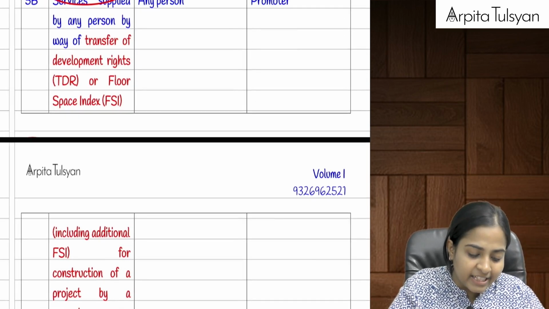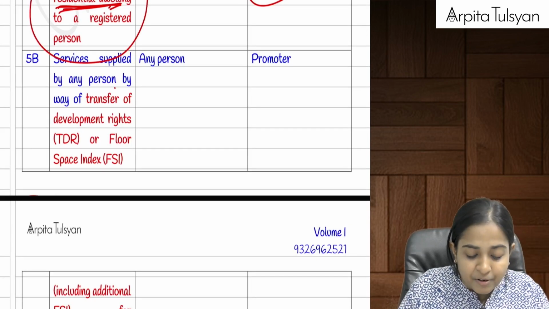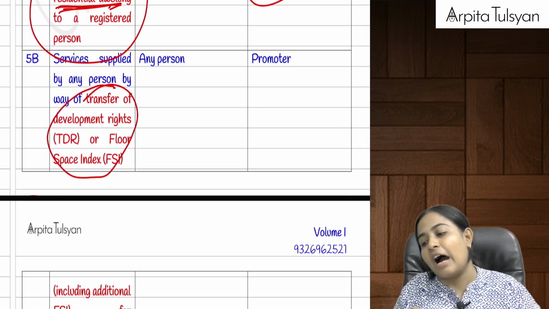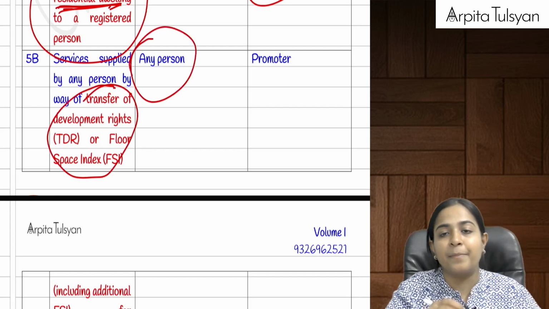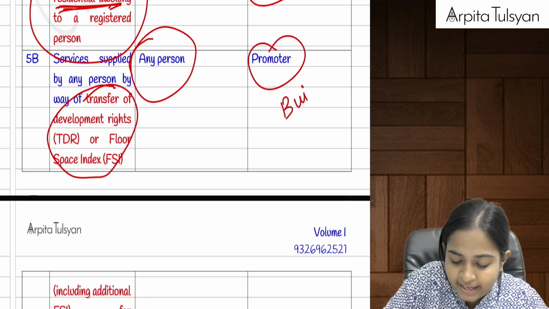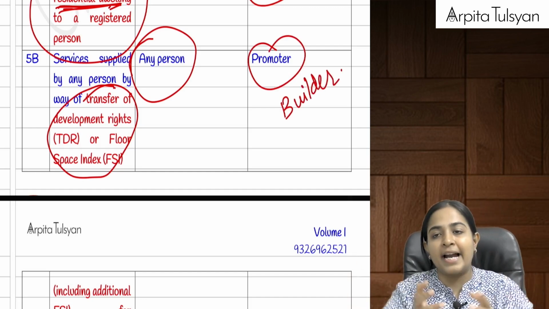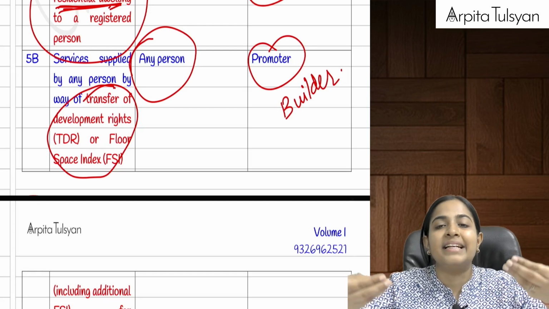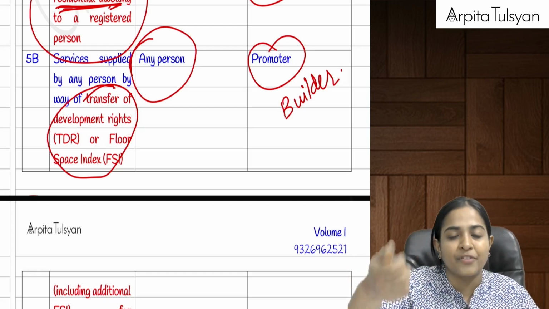Okay, then the next one is services supplied by any person by way of transfer of TDR. TDR stands for transferable development right. That is, if any particular person is transferring the development rights to a promoter, your promoter can be taken as a builder. If I have a piece of land, and I am providing the development rights to a builder to develop a property on it, I am transferring the TDR.